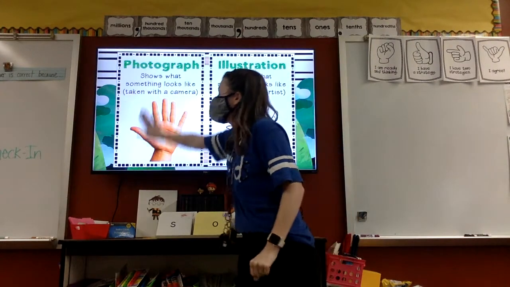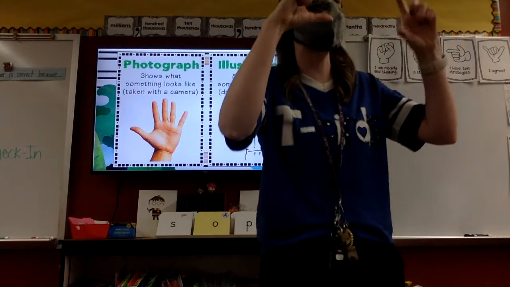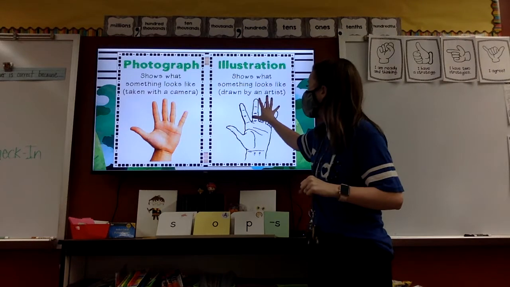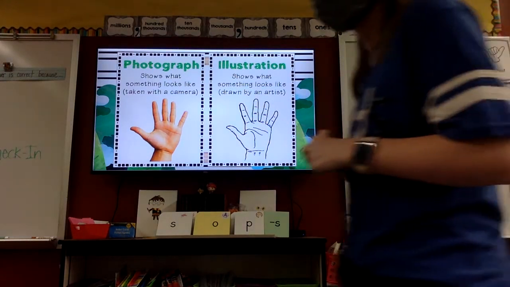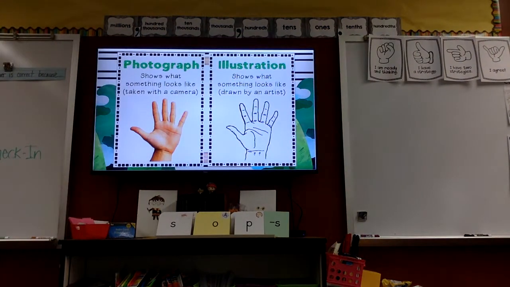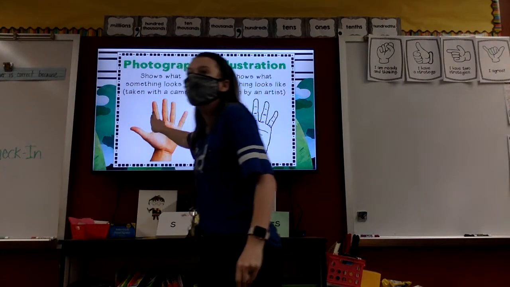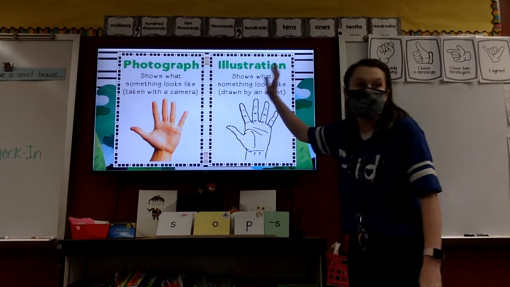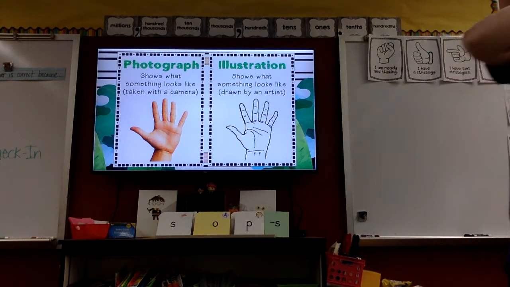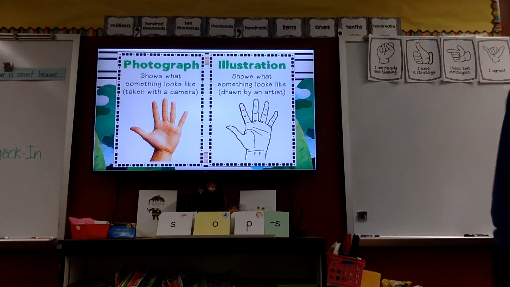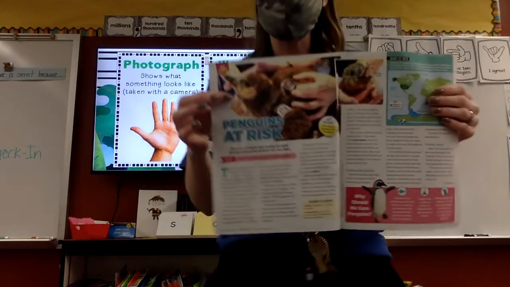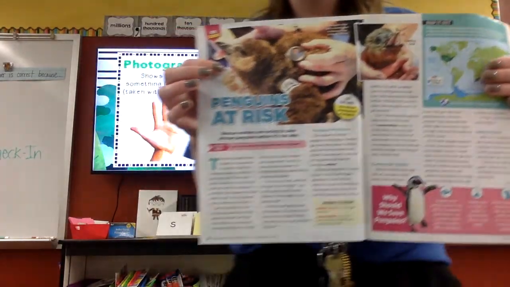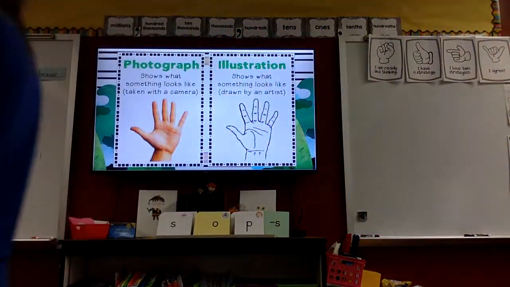A photograph is a picture. It is a real live picture. An illustration is a drawing. Okay? All right, in the first box, what word should we have written? Photograph. Photograph. In the second box, what should we have written? Illustration. Illustration. Guys, having these in our articles can be really helpful sometimes because, like right here in this article, these are pictures of baby penguins being taken care of.